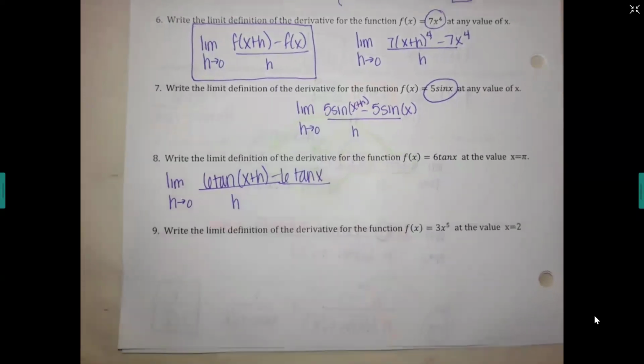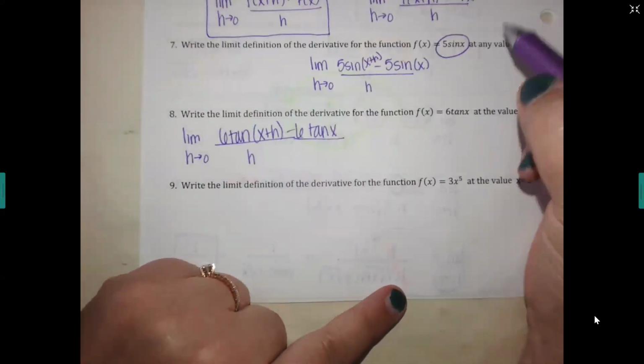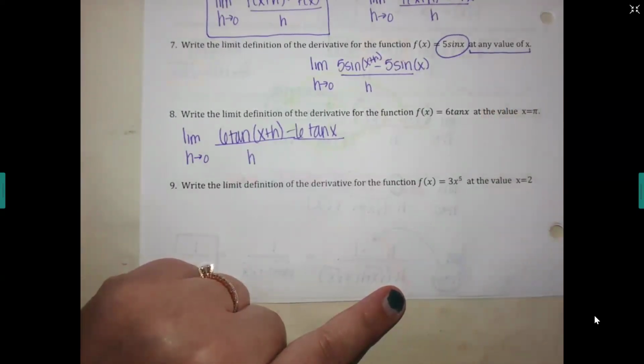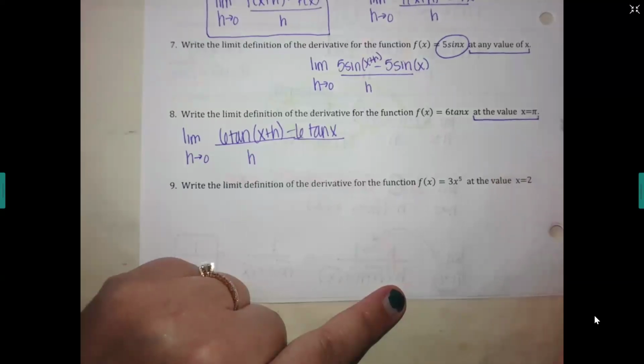Okay, now number 8 is not fully done. Here's why. It doesn't say at any value of x. It gives me a particular value of x. What x do I want? Pi. Then everywhere that I see an x, I'm just going to turn it into a pi.